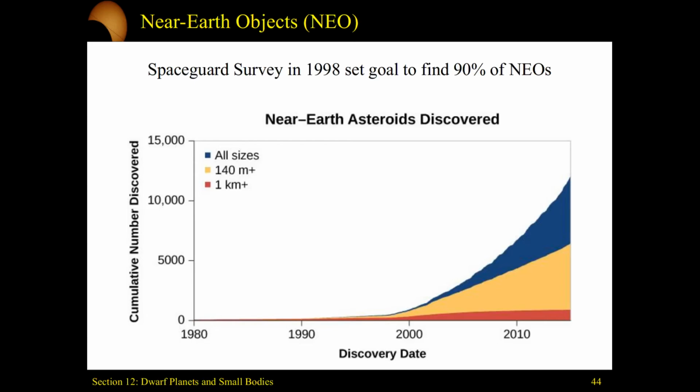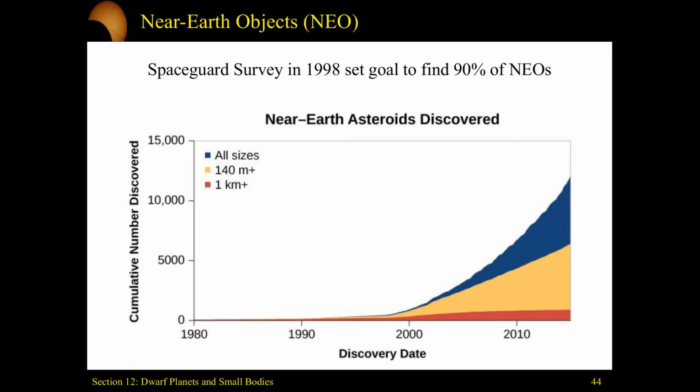If your diameter is less than 140 meters, then it's very unlikely for that object to hit the surface of Earth. It will burn up in our atmosphere. But between 140 meters and a kilometer, that's big enough that it can probably get through the atmosphere and smash down into the surface. The blue is just the sum of the two.